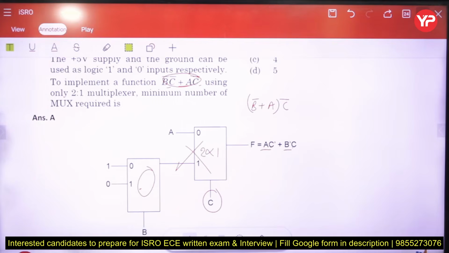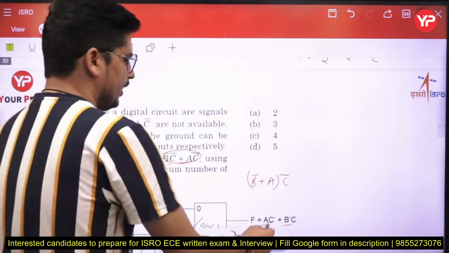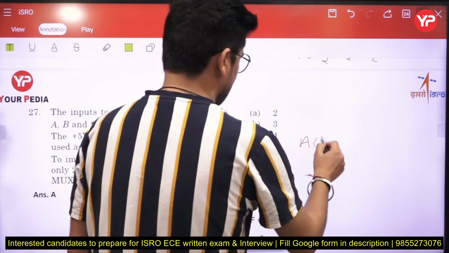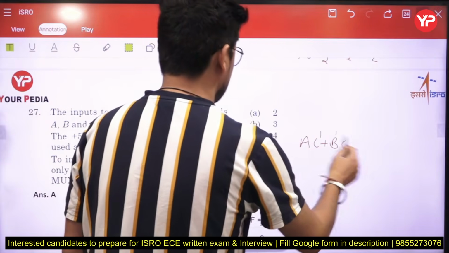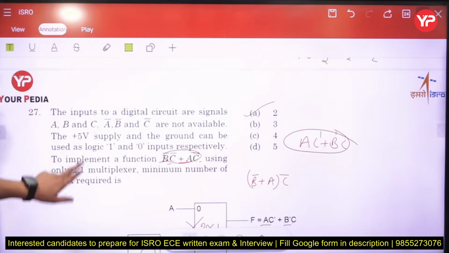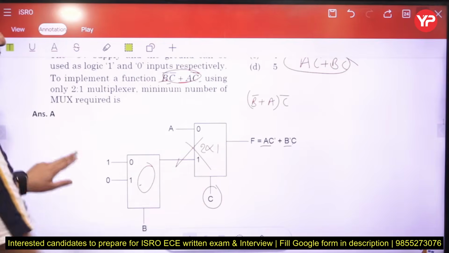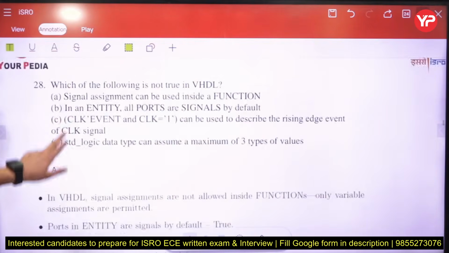Otherwise this will have a different notation. If we have A C dash plus B dash C, it requires only 2 mux, right? Otherwise I think it will require 3 to 4 mux. You can check it accordingly. You can implement like this, as we did here.